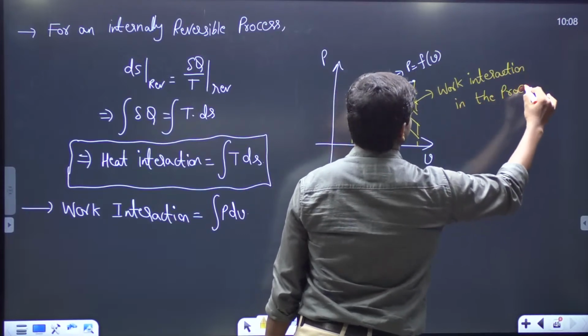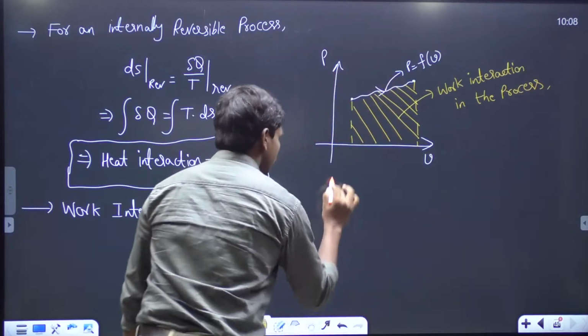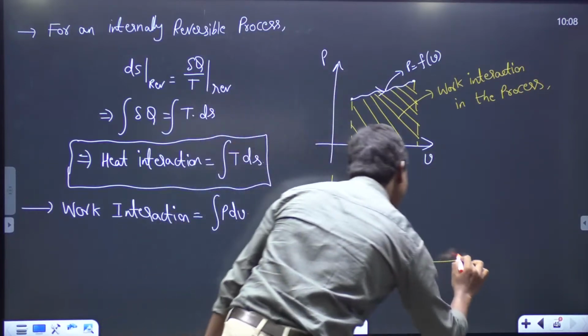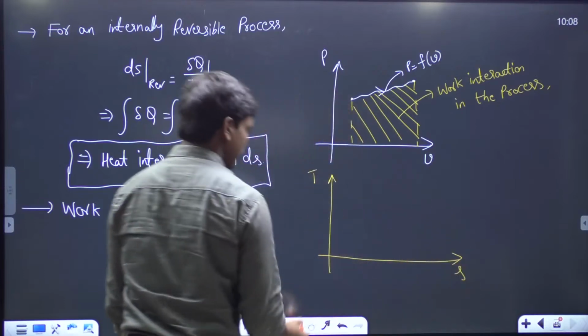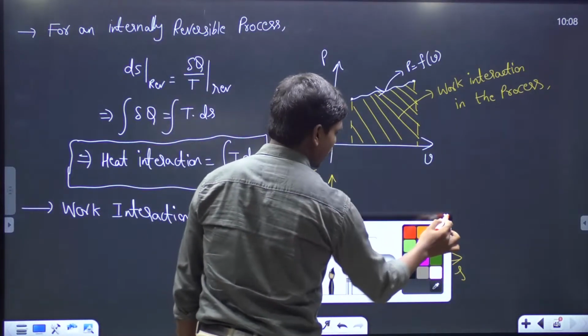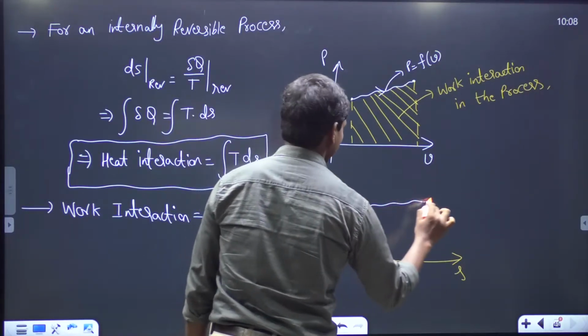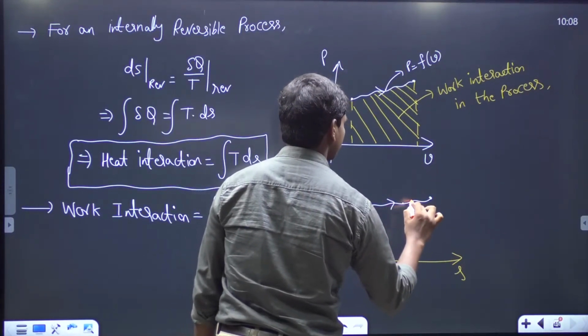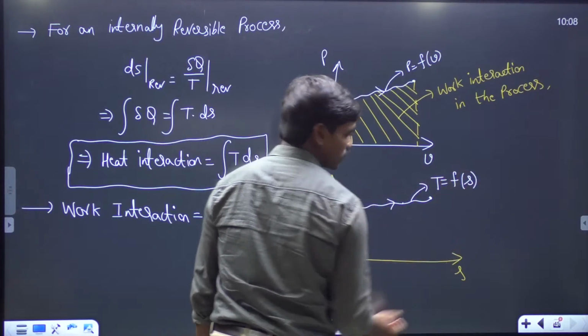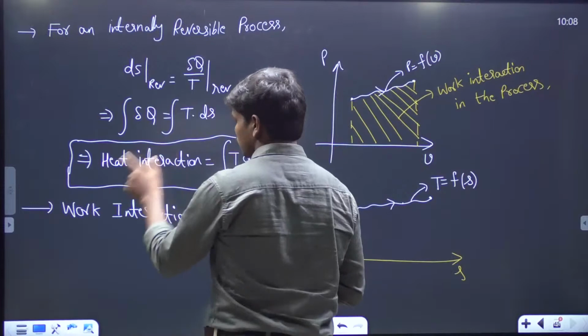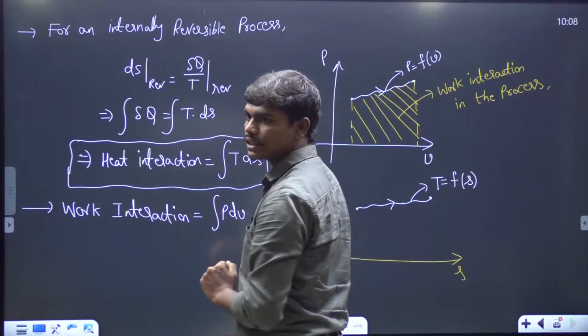Similarly, now if I plot a TS diagram, with T and specific entropy axes, and suppose I have some random process where entropy is increasing, so T is some function of entropy, then what do I need to do to get the heat interaction in this process?